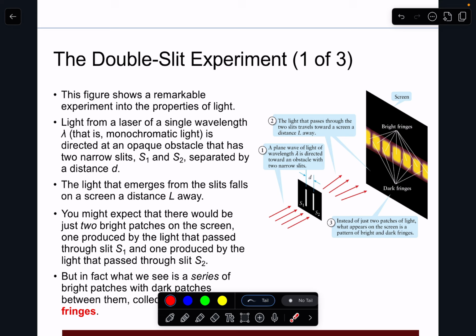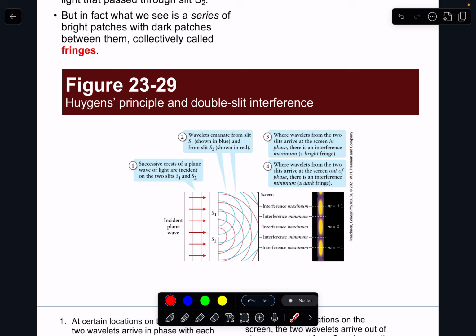To understand why this happens, we can go back to Huygens' principle. Recall Huygens' principle states that as light spreads through space, each wavefront can act as a new infinite number of sources.